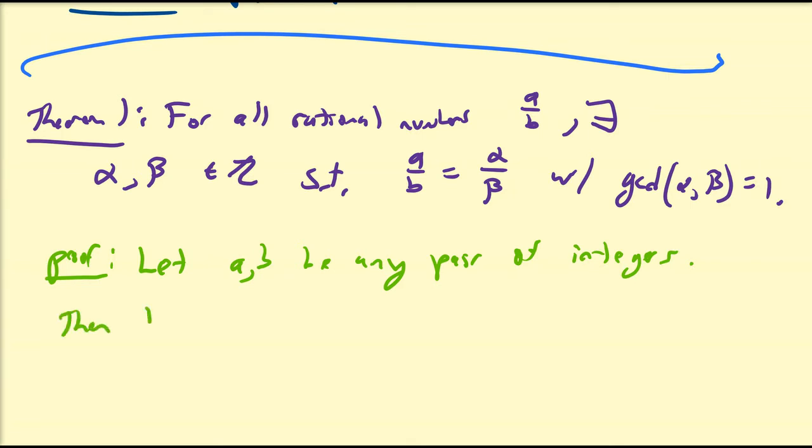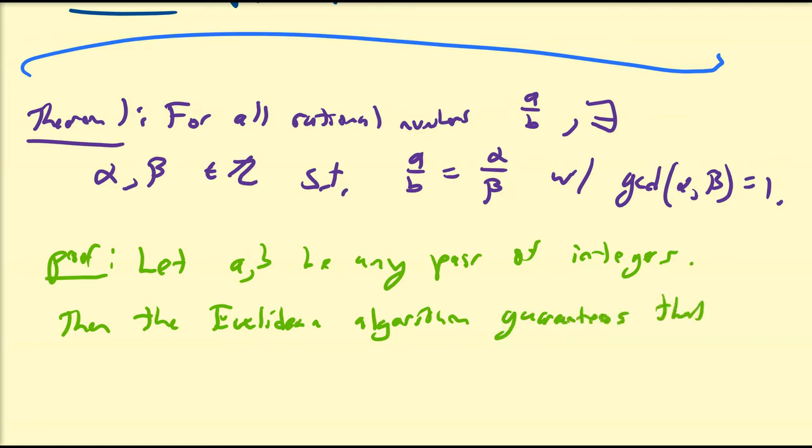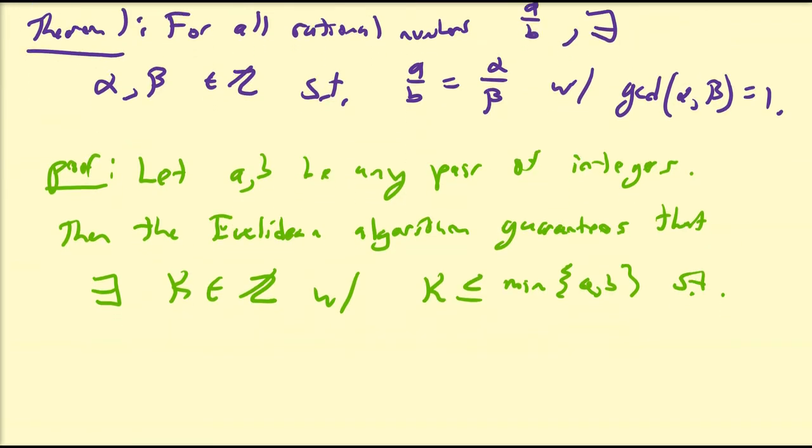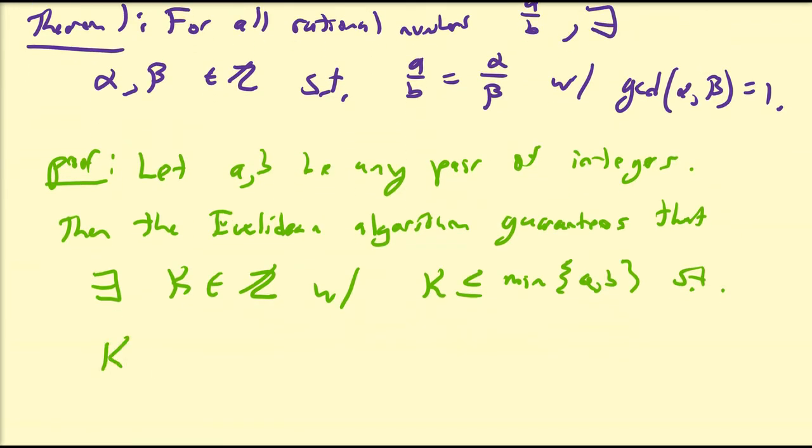So then the Euclidean algorithm guarantees that there exists a k in the set of integers with k less than or equal to the minimum of a and b, such that k is the greatest common divisor of a and b.